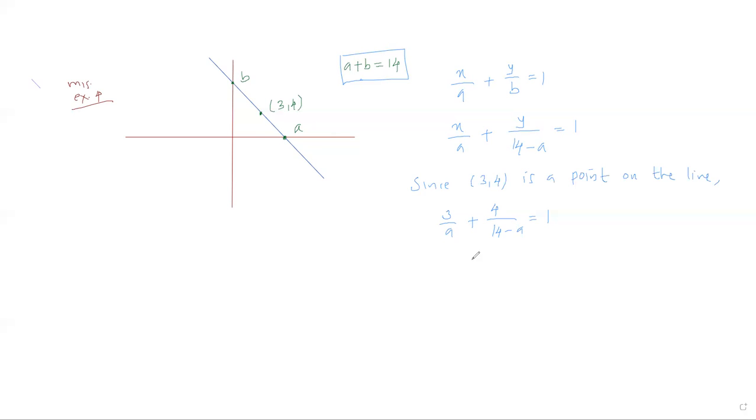Simple, right? It is 3 into (14 minus a) plus 4 into a, the whole divided by a into (14 minus a), is equal to 1. So which is 3 into 14, 42, minus 3a plus 4a, is equal to, cross multiplying, a into 14, 14a, a into minus a square.